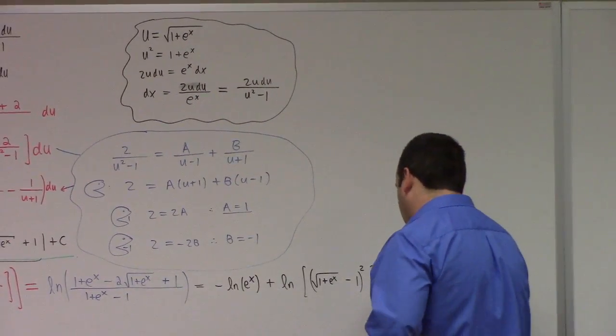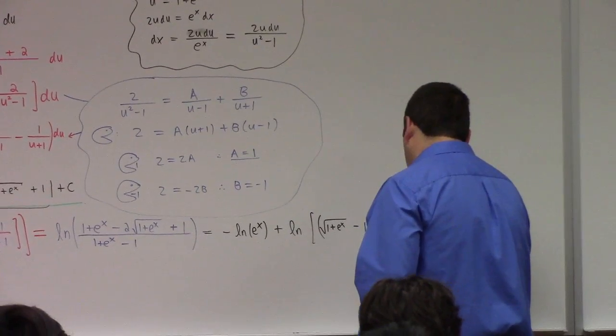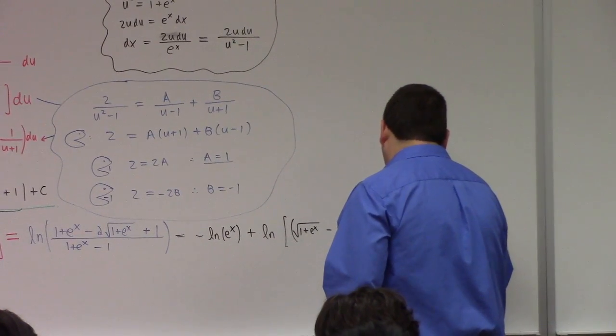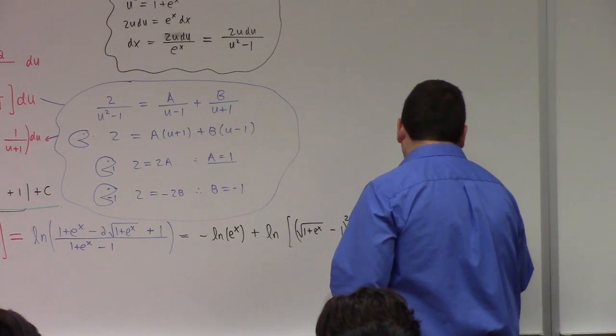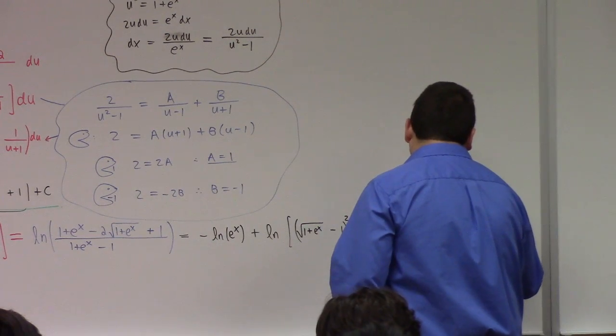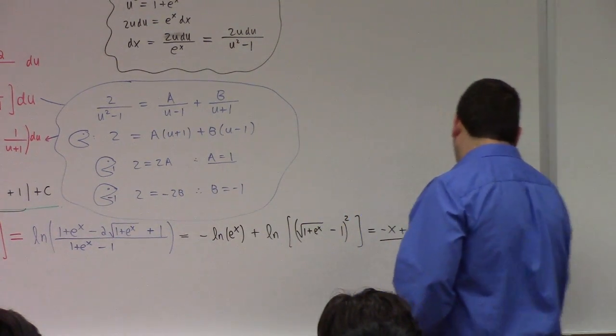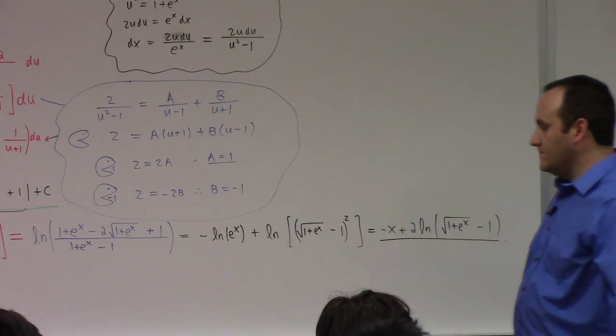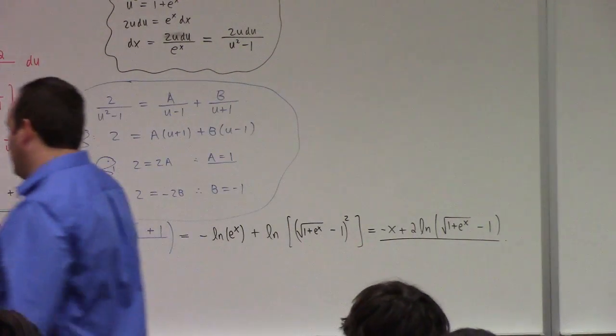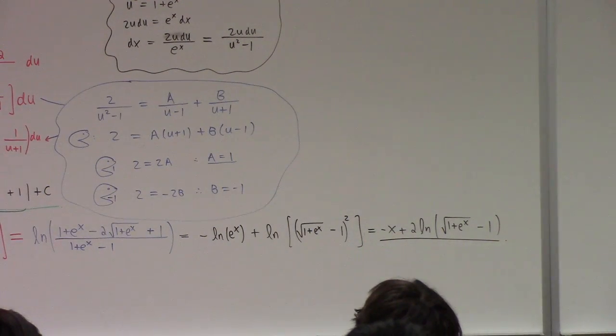So this gives me minus x, right, plus 2 times the natural log of the square root of 1 plus e to the x minus 1. That is a simplified version of what I'm about to circle.